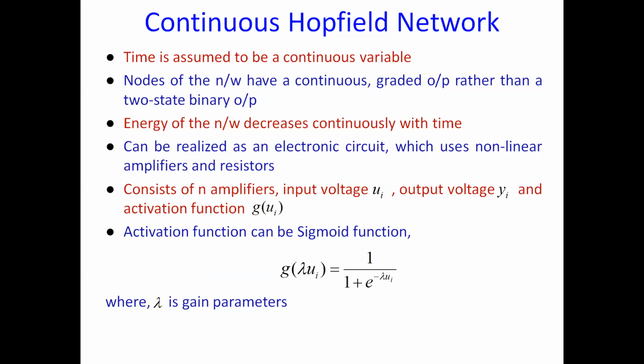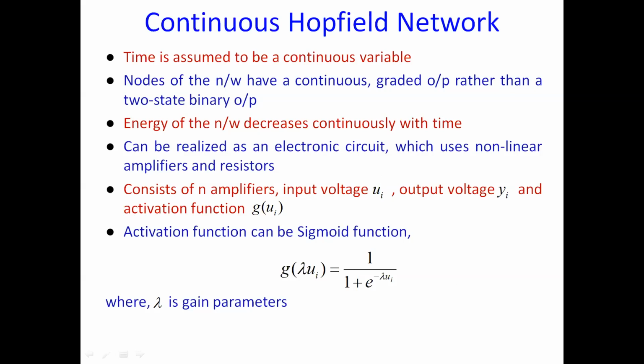The network has nodes with a continuous, graded output, rather than the two-state binary output we had in the discrete Hopfield network. In this network, the energy decreases continuously with time.